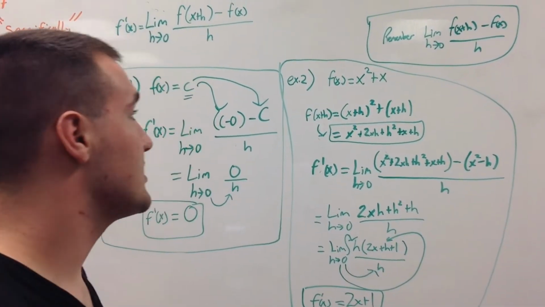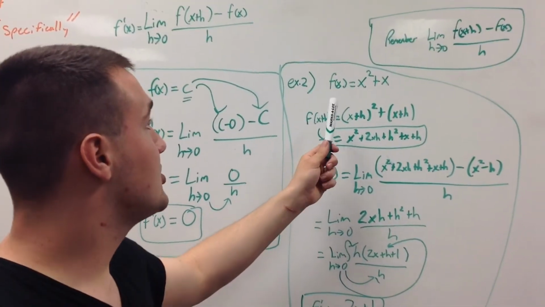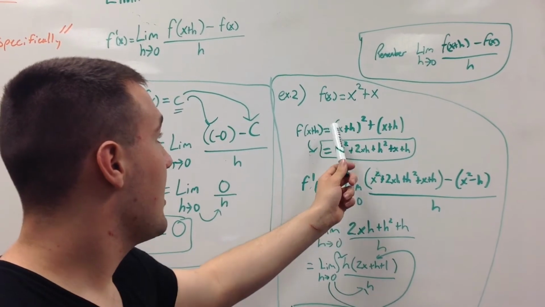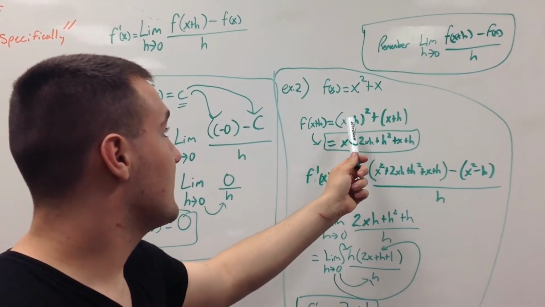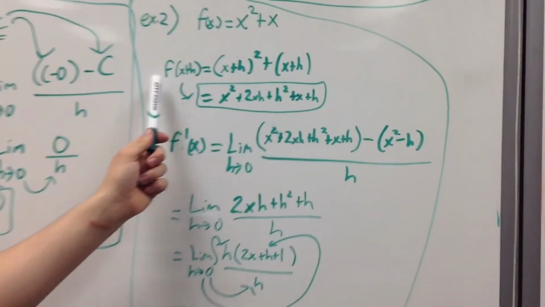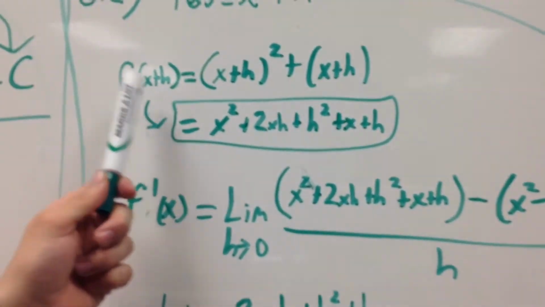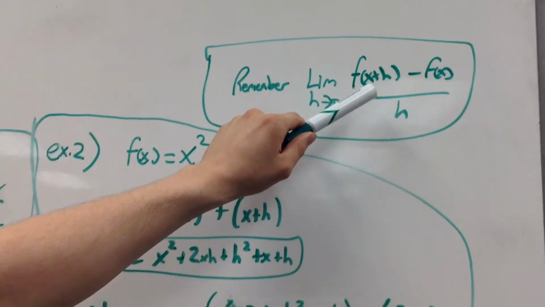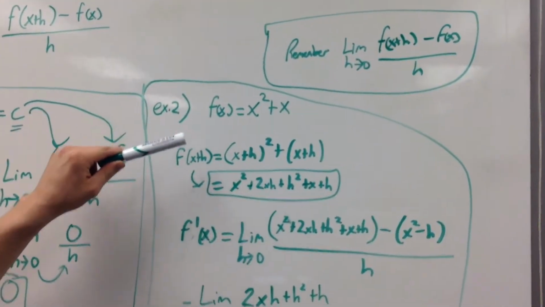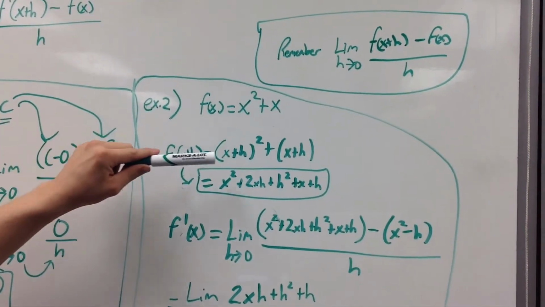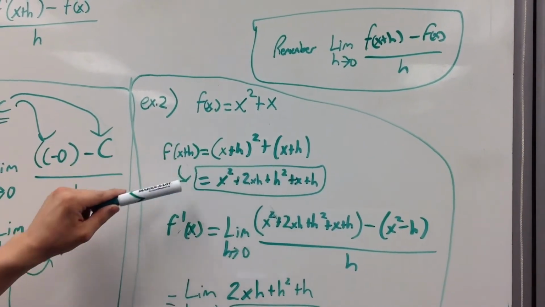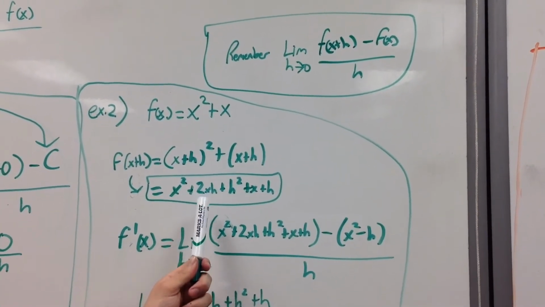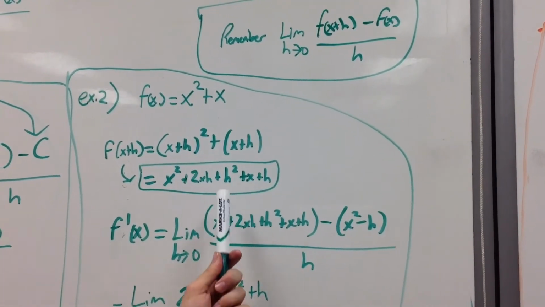What we're going to do is take this, plug it in, and use the FOIL method to find out exactly what f of x plus h is, because back up here, f of x plus h is what we really want to figure out. So we FOIL it out and add it there, and it comes out as x squared plus 2xh plus h squared plus x plus h.